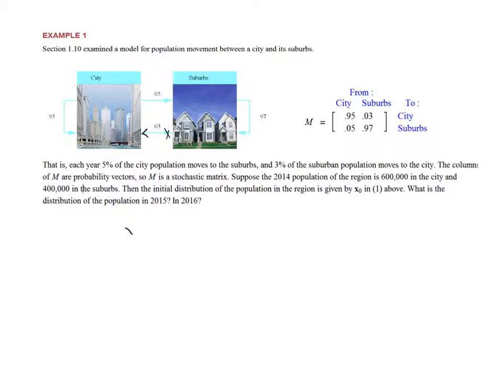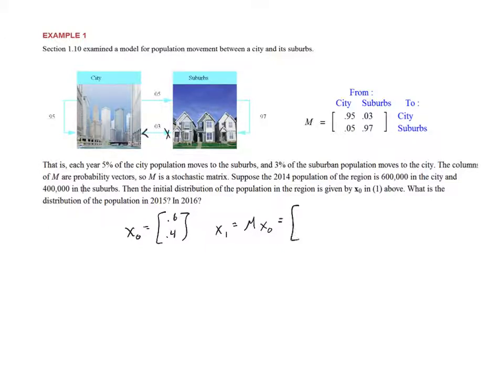So if x naught is the probability vector 0.6, 0.4, then x1 is equal to P times x naught, or actually in the case of this example, we are using M times x naught. So we're basically doing what we did previously, but giving the context of probabilities or percents of the population instead of the actual number in the population.